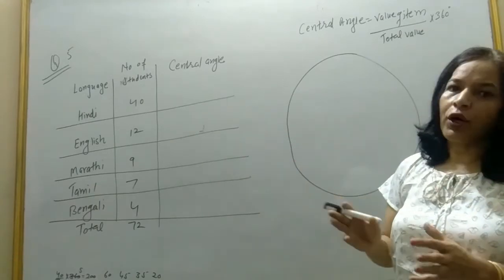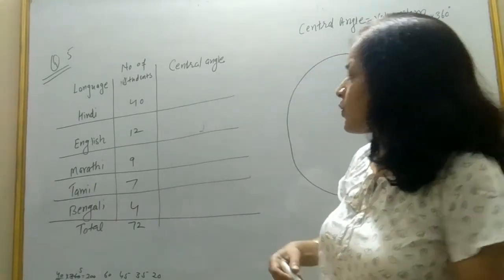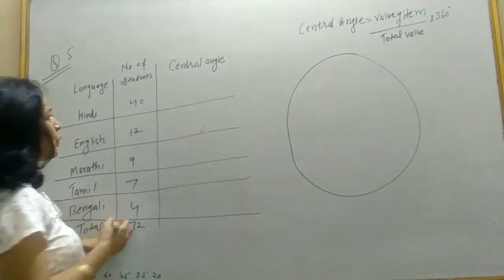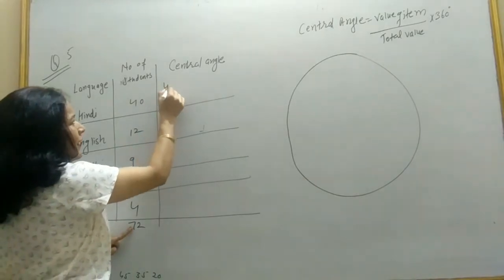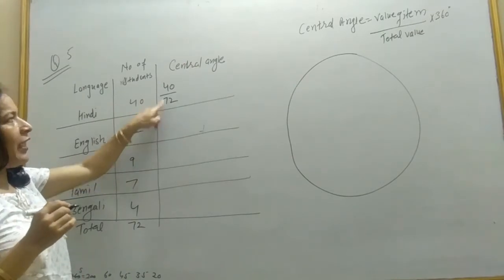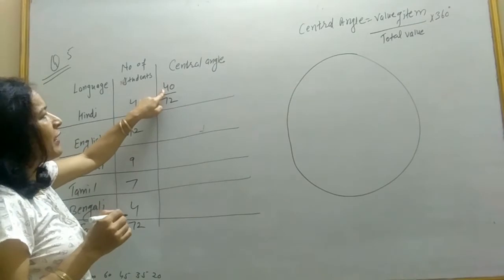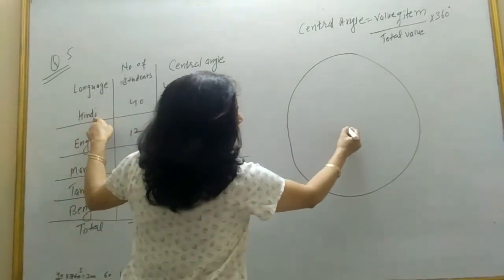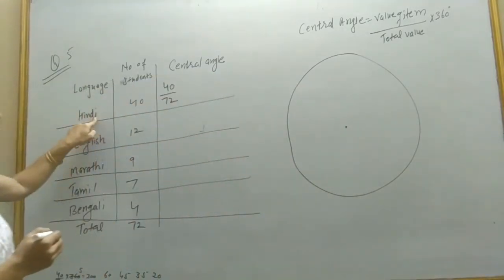I will discuss it in short because I have explained it in detail in the previous video. The total number of people is 72. Out of 72, 40 speak Hindi. With the total and the particular value, we have to find how much of the complete angle Hindi speakers will take. The complete angle is 360.